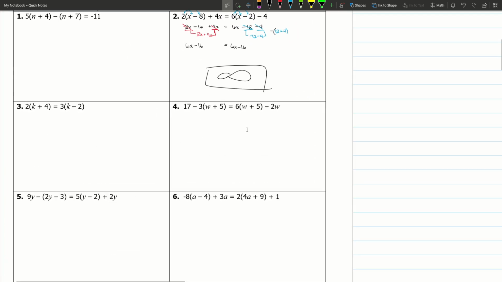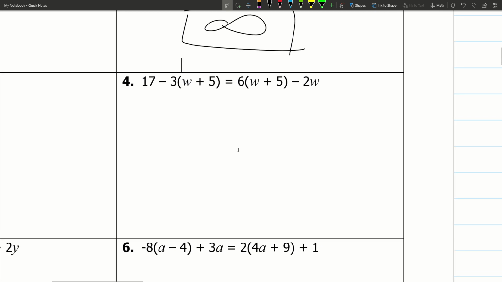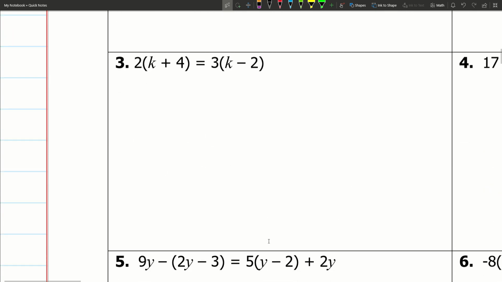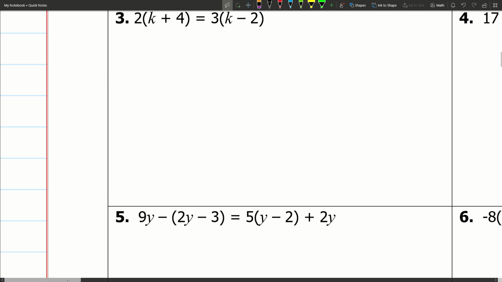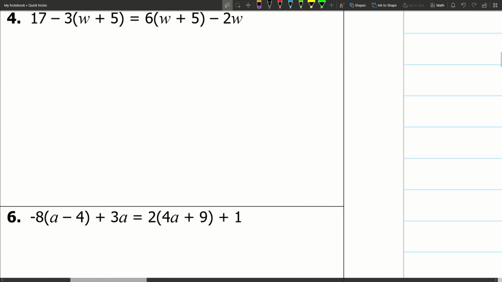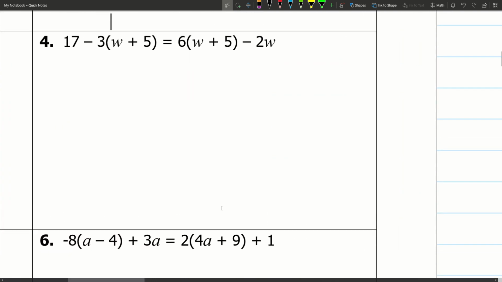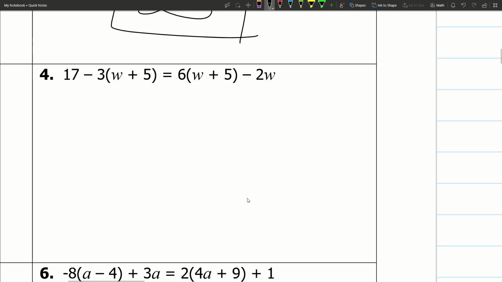I am also going to do number 4 with you because number 4 looks a little bit more difficult than number 3. Number 4, same idea. The first thing we want to do is distribute if we can. This one, we're not going to just distribute the 3.